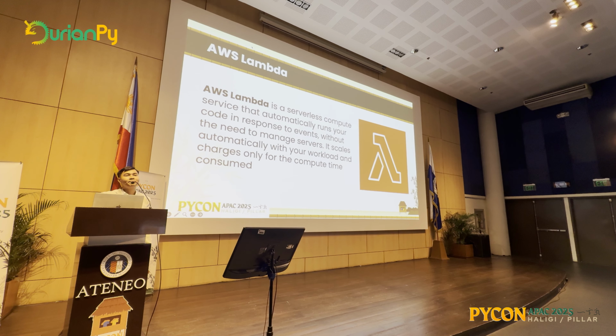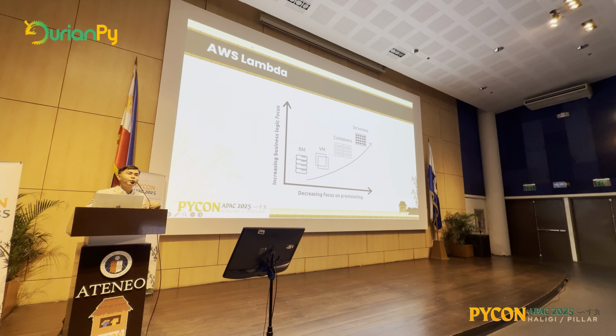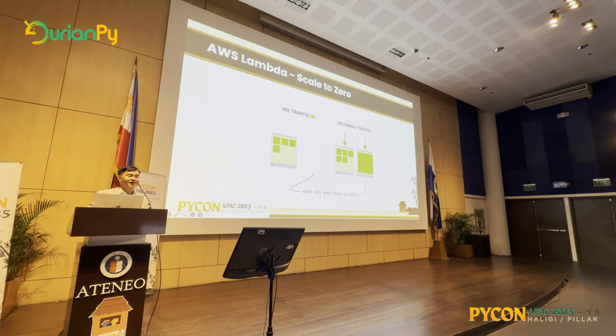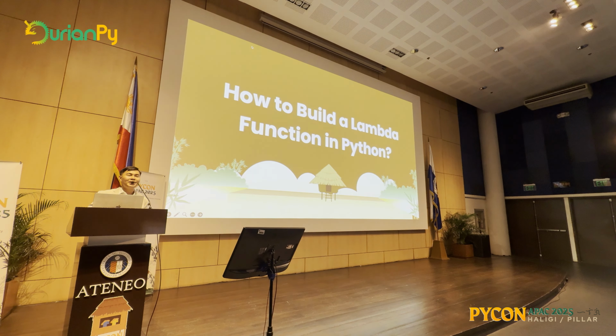So the provisioning of our infrastructure is handed over to our cloud service provider, and all we have to focus on is our business logic, the differentiated work. While we can scale to theoretical infinity, we can also scale to zero. If you don't have any users, serverless will charge you $0 on your cloud provider bill. That's awesome, right? That begs the question: how do we build Lambda functions with Python?